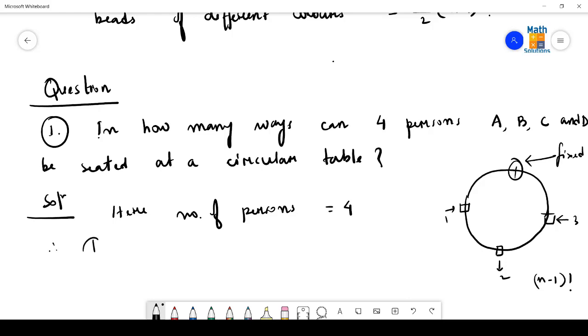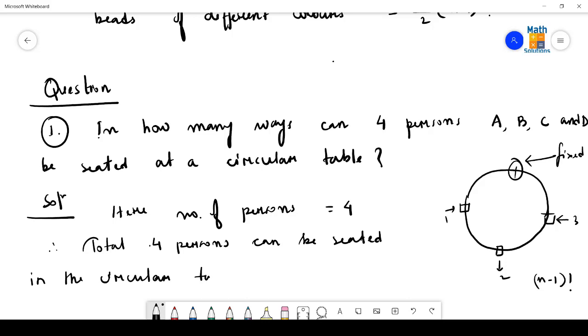Therefore, total 4 persons can be seated at the circular table in how many ways?